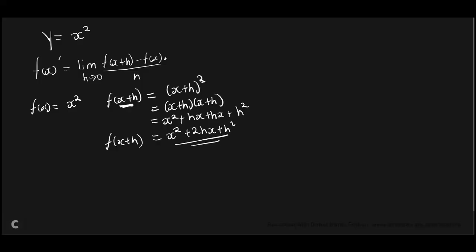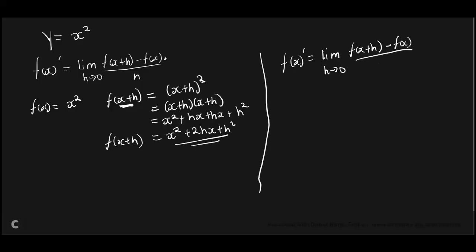Then from there, what you do next is you substitute in the formula. So f prime of x equal to lim as h approaches 0 of f of x plus h minus f of x over h.